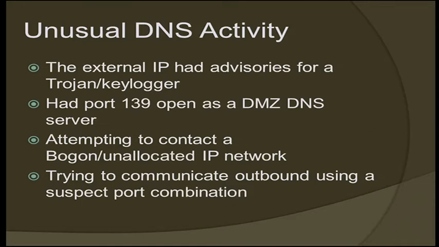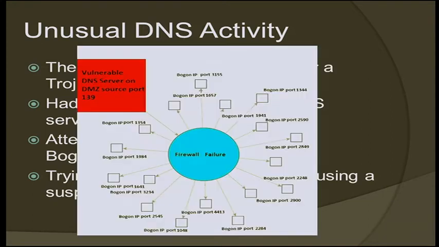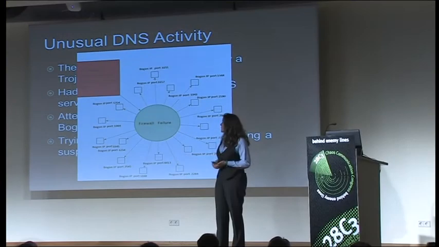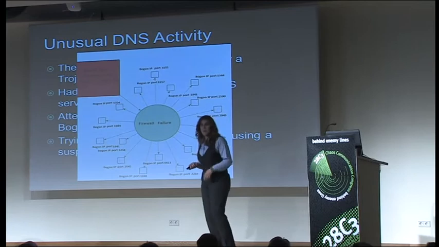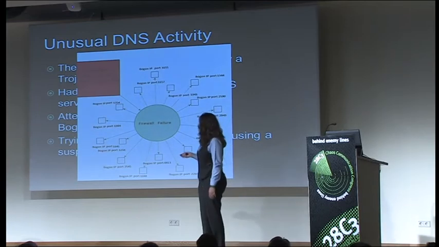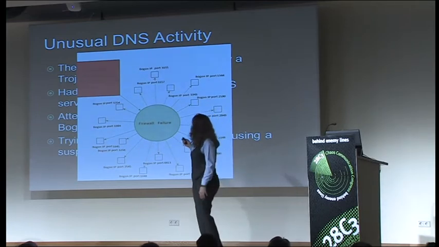More sophisticated malware will try to get out of the network at any cost. So here we have their DNS server. I saw that all of the traffic for these particular IP addresses was coming from source port 139. It was a publicly available DNS server, and their internal clients used it. The DNS server was compromised. They went ahead and took it down, re-imaged it, and set it back up.